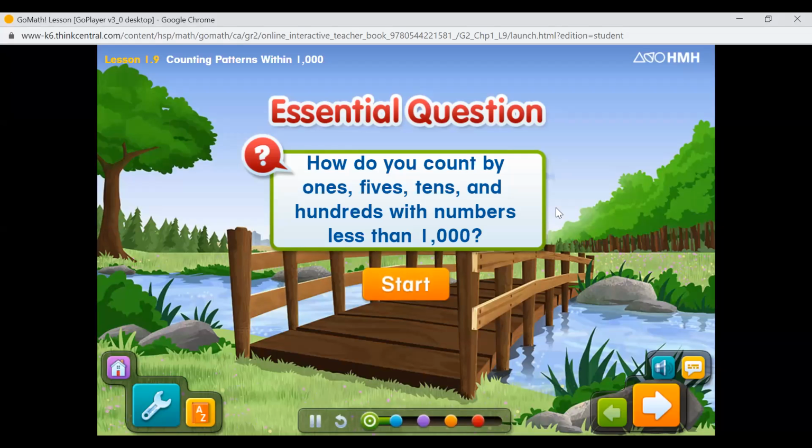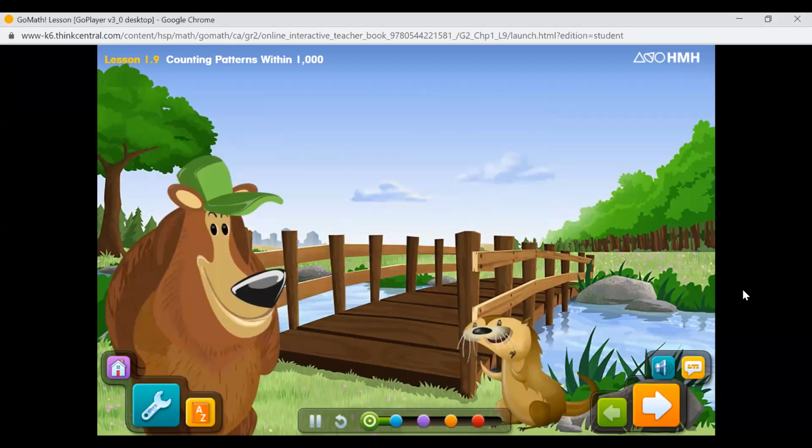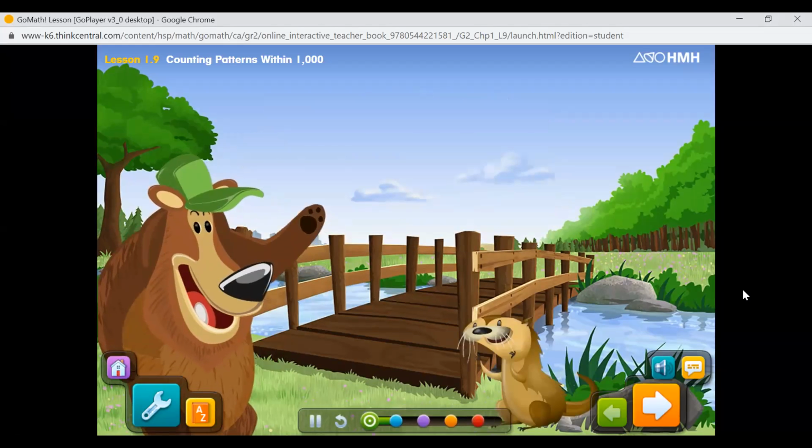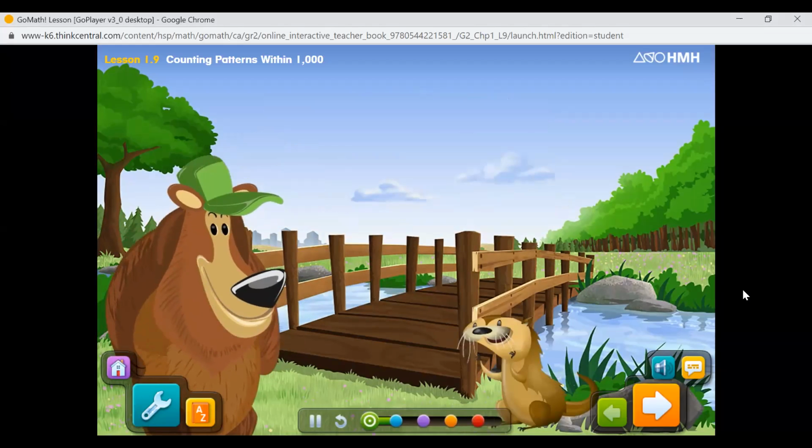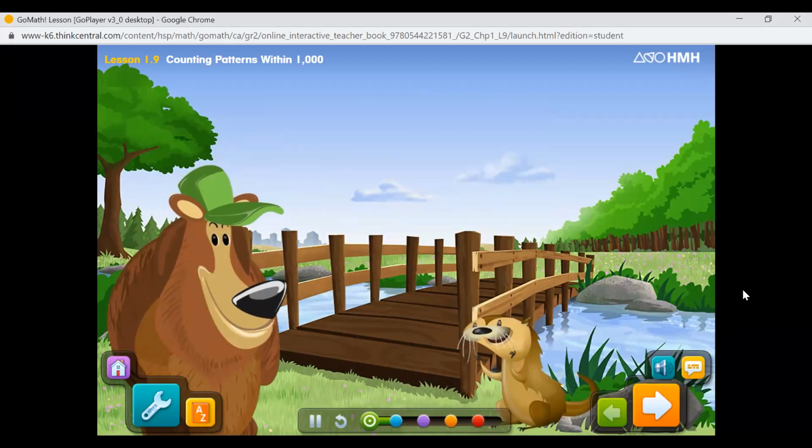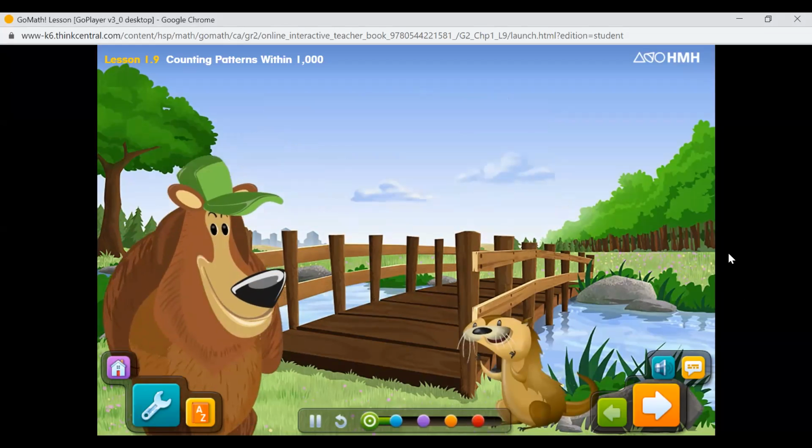How do you count by ones, fives, tens, and hundreds with numbers less than 1,000? Hi there, friends! Okana and I are playing a counting game. We're counting by different amounts instead of counting by ones.